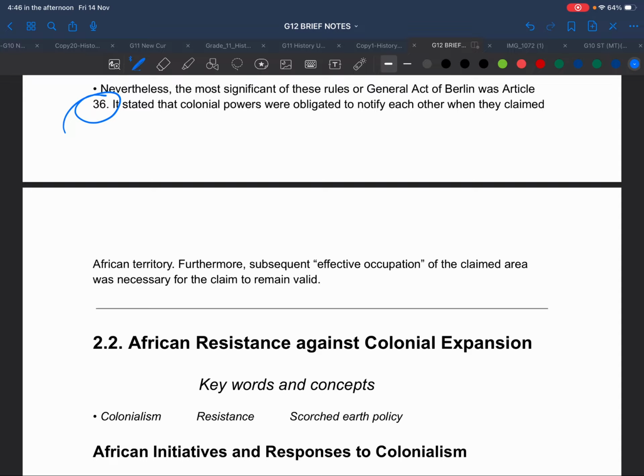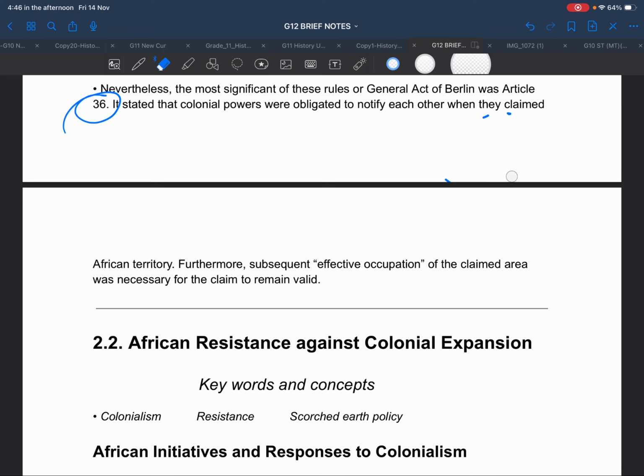Article 36 stated that colonial powers were obligated to notify each other when they claimed Africa.